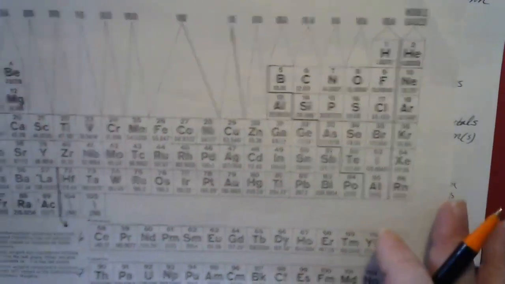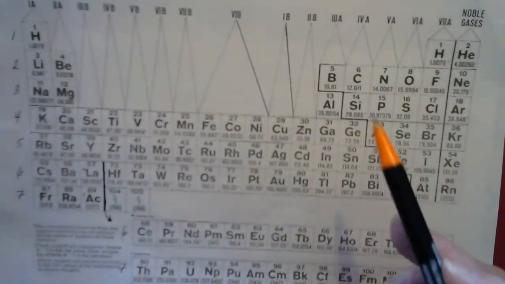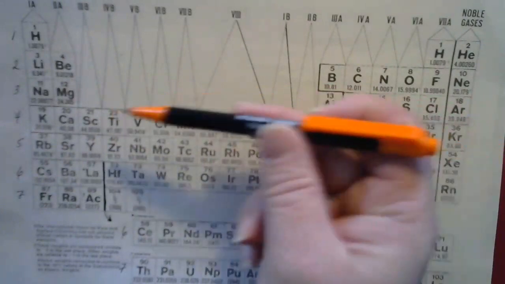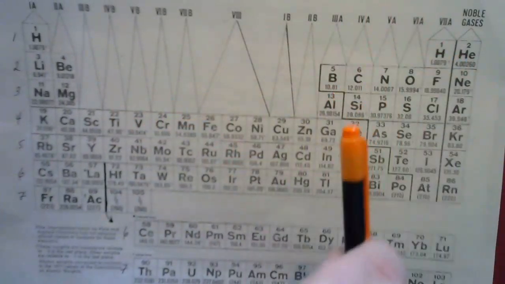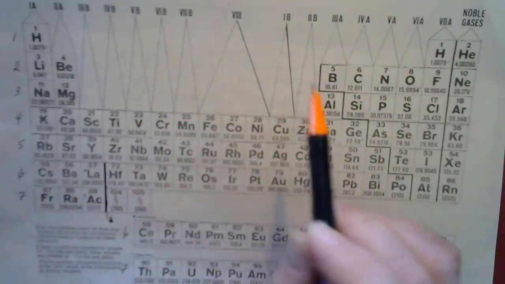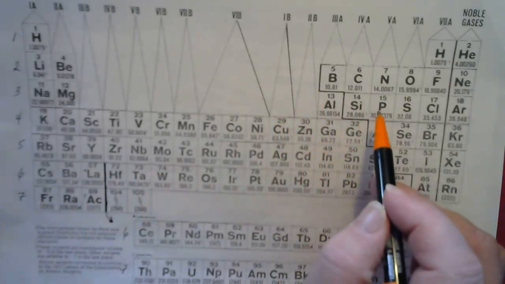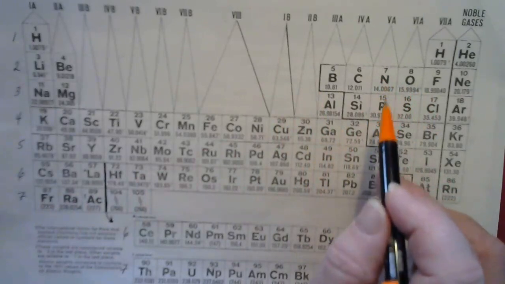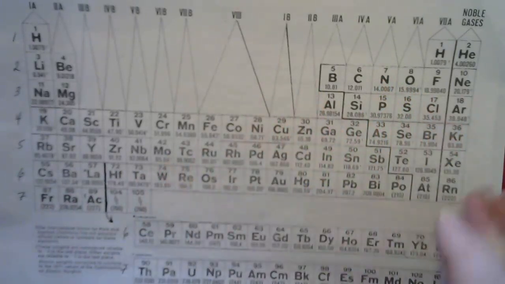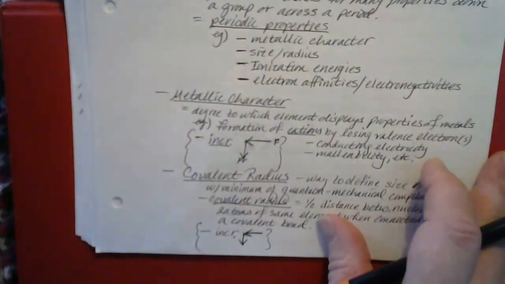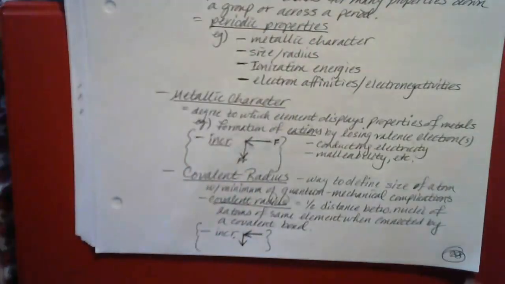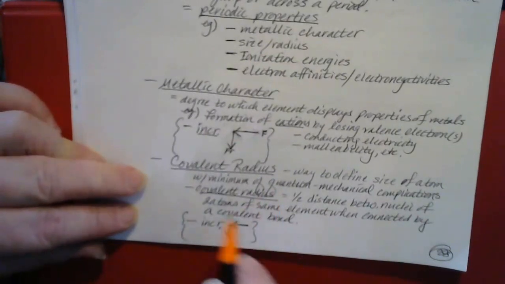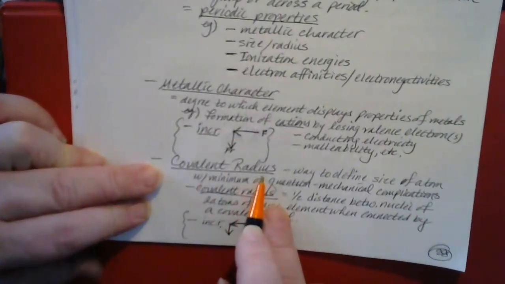Because they're nonmetals, there are no metals. Well, there's metallic character. Whichever one is more metallic would be whichever one is further left and further down. So, for instance, phosphorus is more metallic than oxygen because it's down and to the left. And so, that way you can know which order to put the elements in if you're trying to come up with a molecular formula.